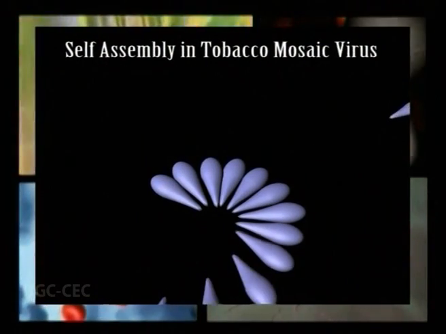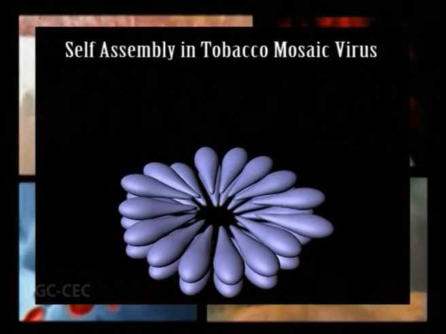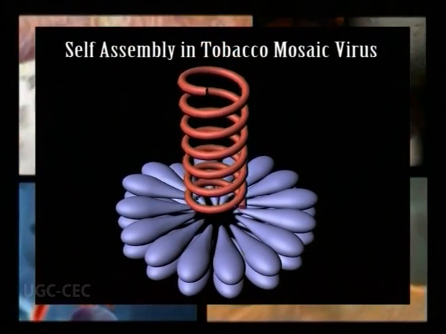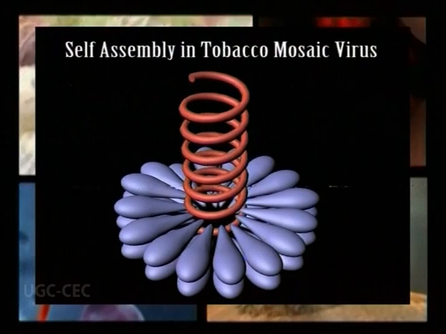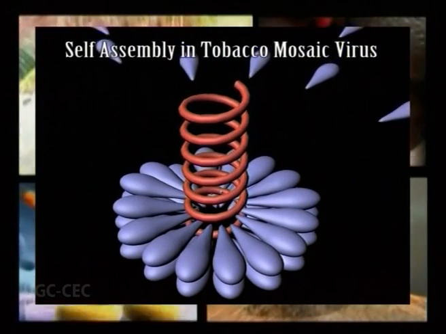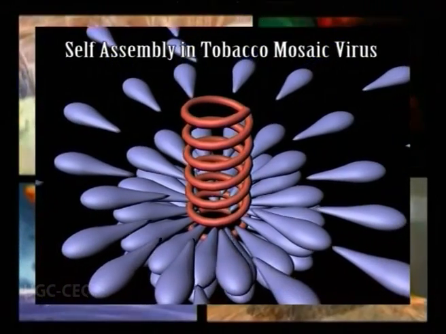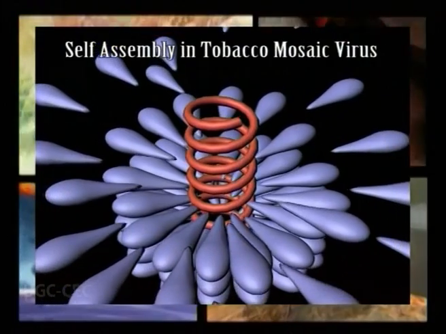For example, in tobacco mosaic virus, protomers aggregate to form a two-layered disc. It is followed by the association of coat proteins with RNA at a special site near the three prime end of the genome. RNA forms a loop and inserts itself inside the hole of the disc.